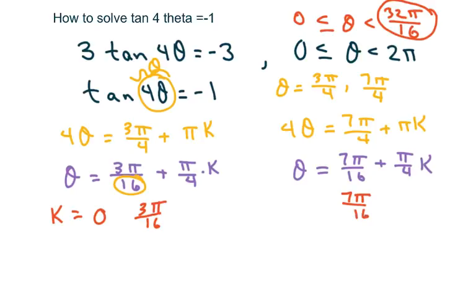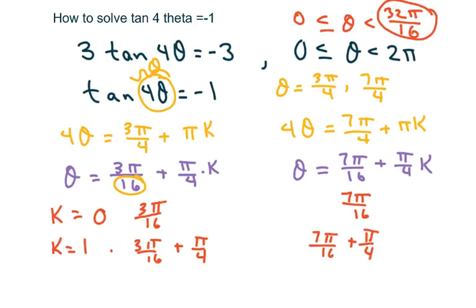Now when k is 1, we're going to get 3 pi over 16 plus pi over 4. And this one's going to be 7 pi over 16 plus pi over 4.